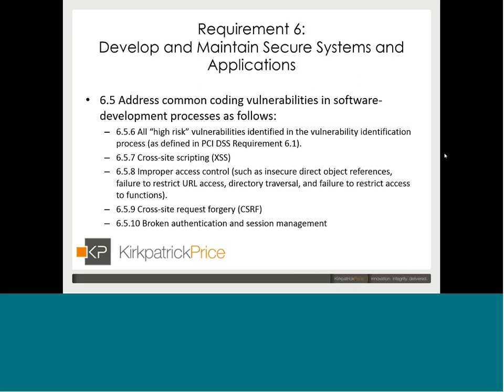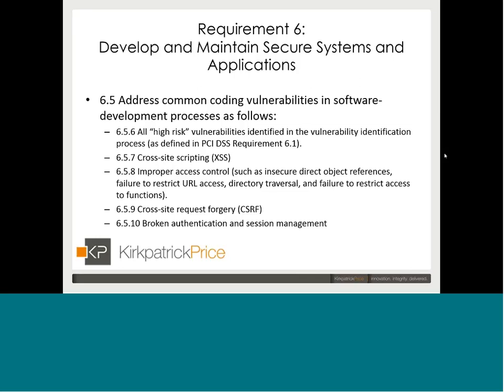And then again, at 6.5.6, that's kind of what I was just speaking about before, taking a look at all high-risk vulnerabilities and making sure that those are addressed at the coding level if necessary. Validating your input is always critical on web applications to make sure that you're not vulnerable to these web layer weaknesses.